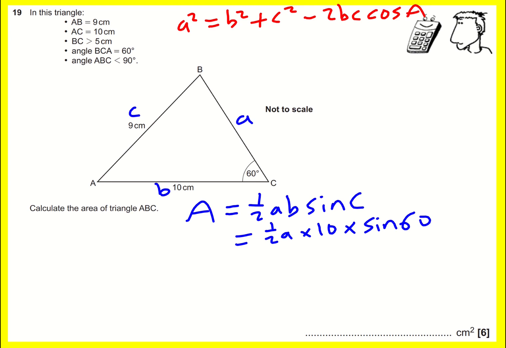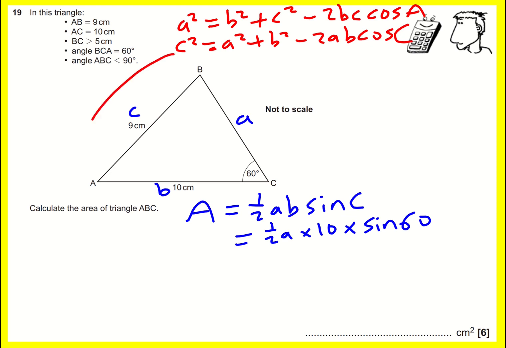So I need to find out what a is. So I need to change this to c squared is a squared plus b squared minus 2ab cos capital C, because now I know what capital C is.